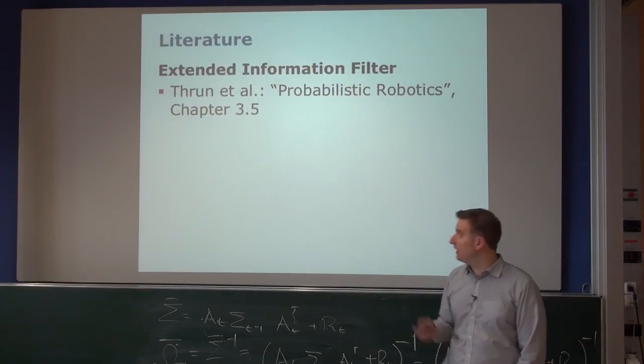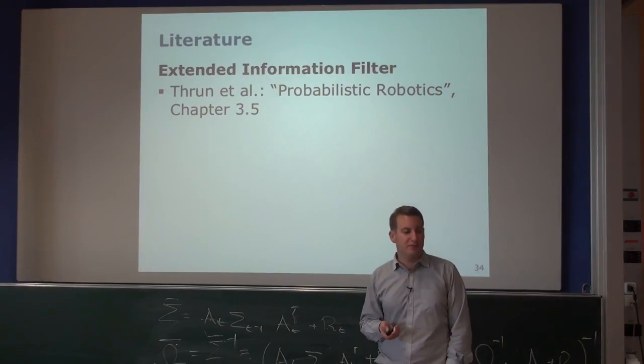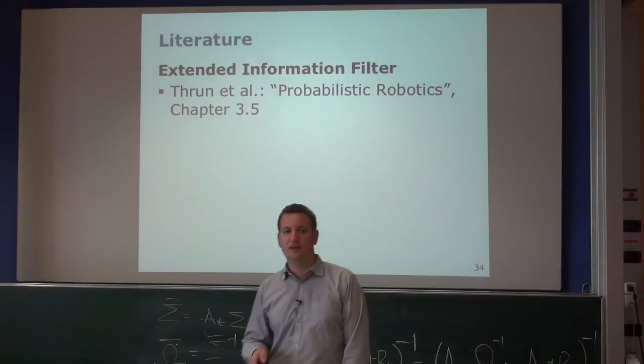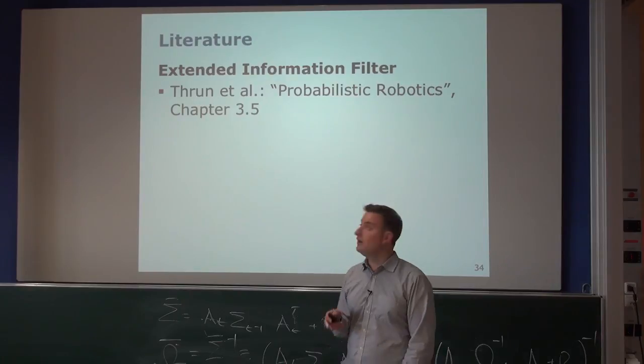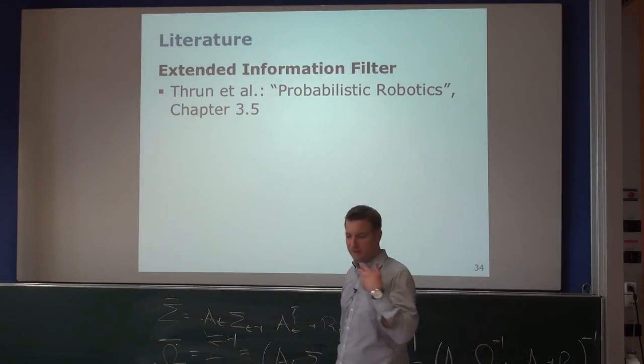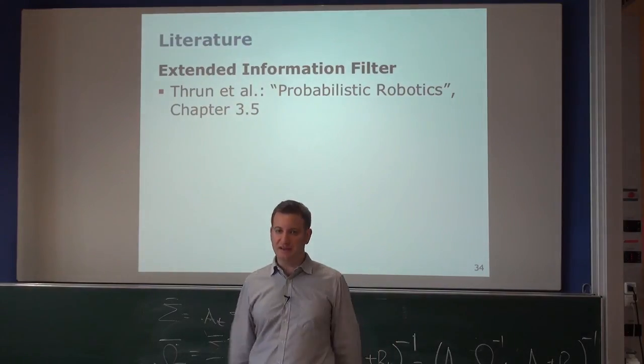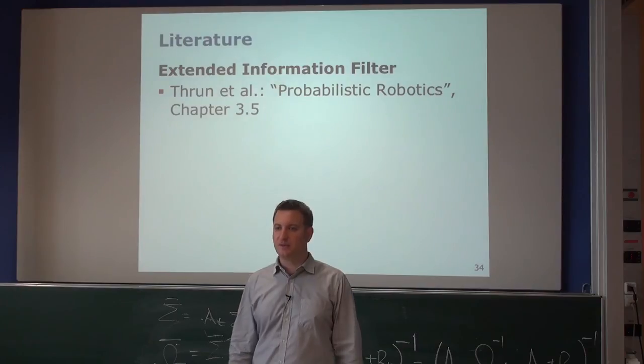And again, if you want to read more about that, the Probabilistic Robotics book, section 3.5, has an in-depth introduction into the extended information filter, which is kind of the basic knowledge that we will need next week for going into the sparse extended information filter.